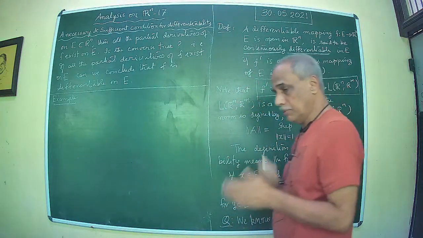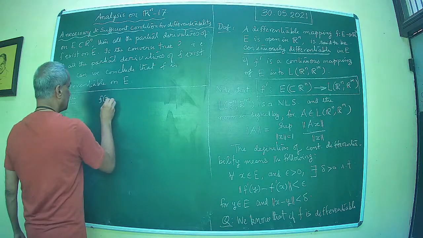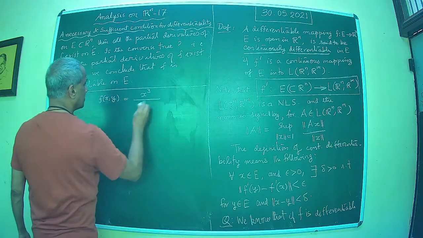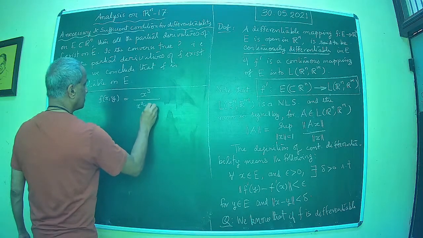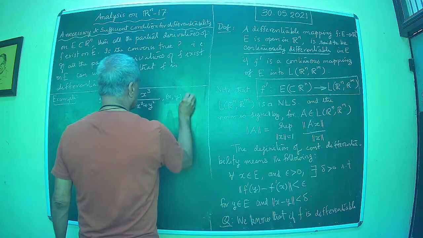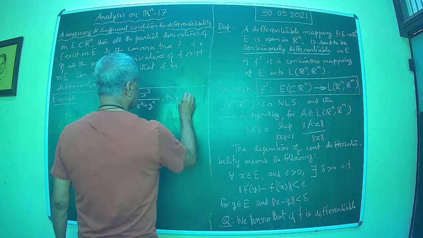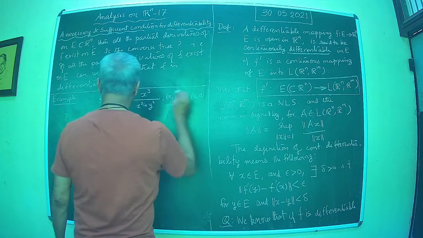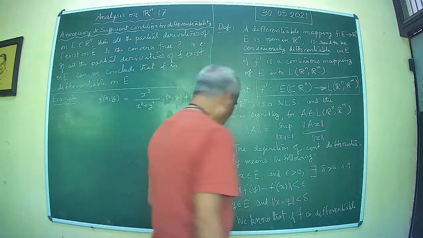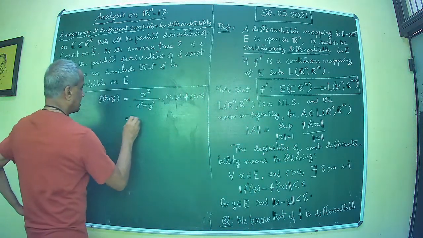Now we look at the following example. This is the one that we have looked at. Of course, f is defined from R2 to R, and equal to 0.